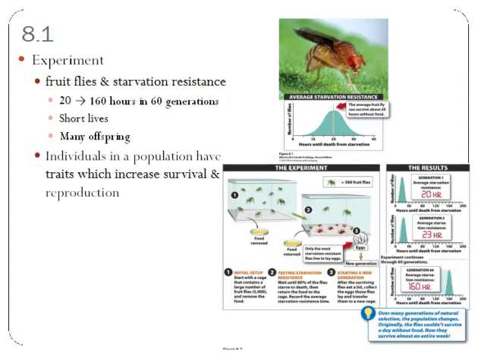First of all, we want to look at some examples of how we can watch evolution occurring. There's lots and lots of experiments out there that show this, but one of them is really quite cute. They take fruit flies, and normally a regular fruit fly can survive for about 20 hours or so without food, and then it dies of starvation.